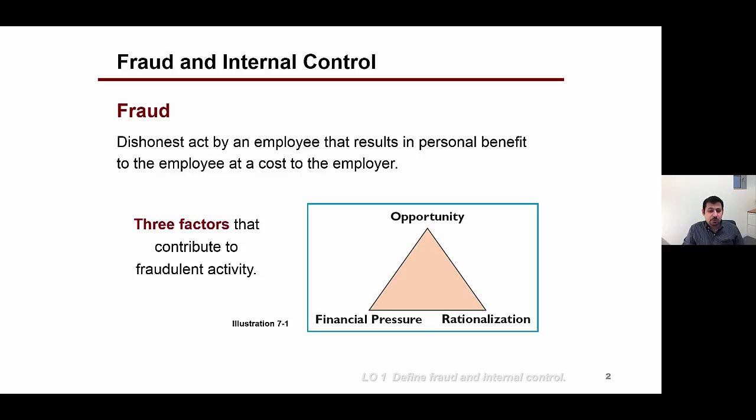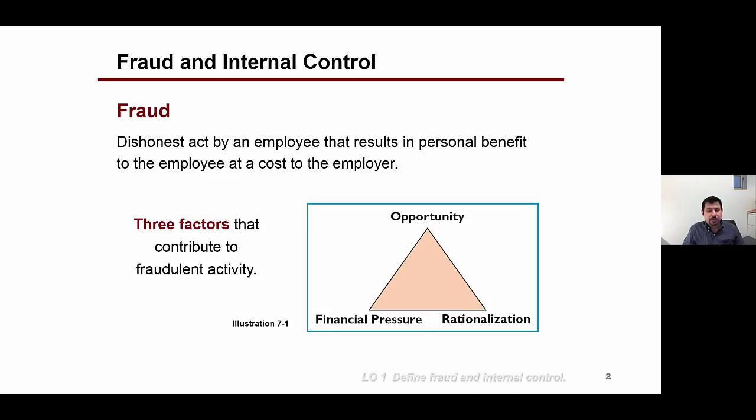The third factor that affects fraudulent activities is rationalization, and this is where the employee basically justifies their fraudulent actions.